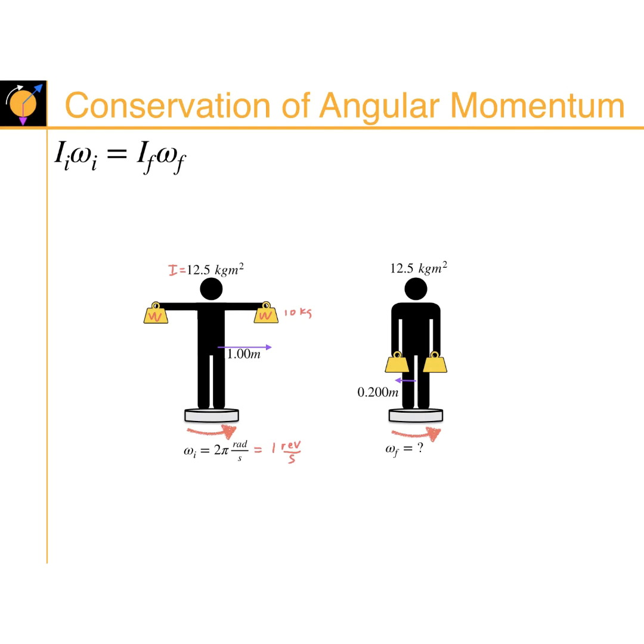The moment of inertia that we're given here is just for the dude. We need the moment of inertia for the whole thing, right? So the initial moment of inertia is the moment of inertia for the dude plus the moment of inertia for each of the weights. There's two weights like this, right?